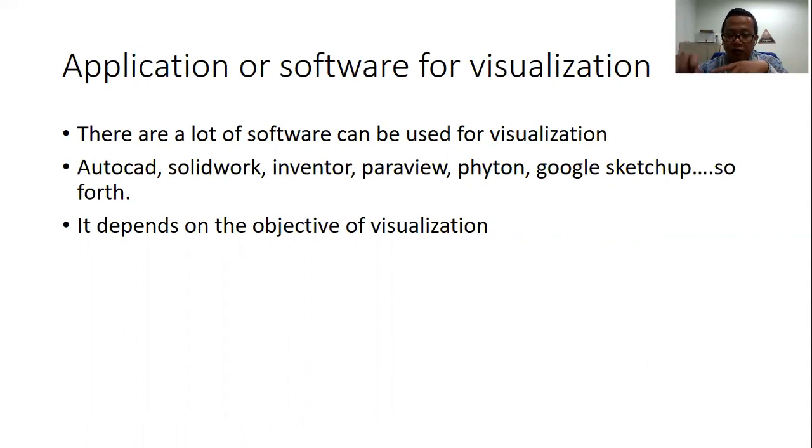This is a kind of visualization also. Actually, a lot of software can be used to visualize data. It can be AutoCAD, SolidWorks, Inventor, ParaView, Python, Google SketchUp, and so forth. Okay, this depends on the objective of the visualization.